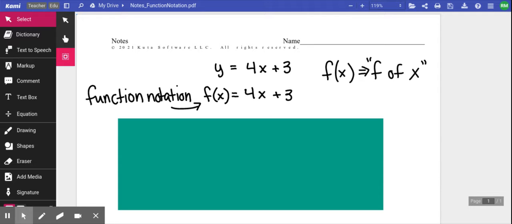Okay, so what I would like you to do first is go ahead and write this down. You're going to write this equation up at the top first, and then this one right below it. Okay, so write everything. Make sure you leave room because I have other stuff that I would like you to write down below.